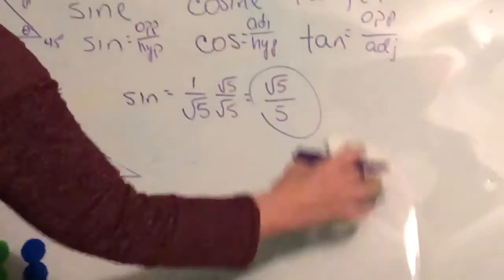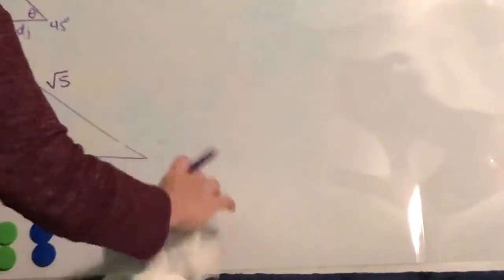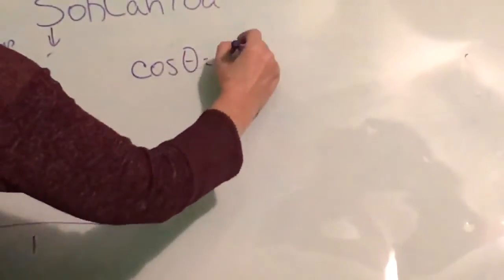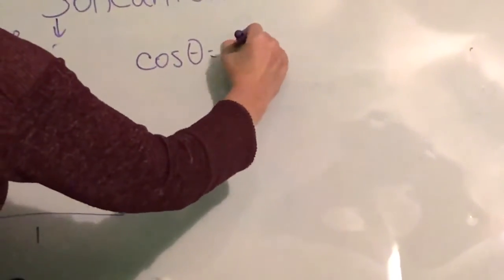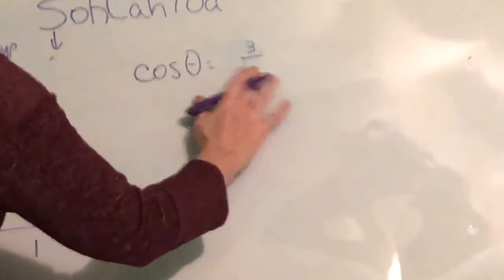I'm going to do one other idea, because sometimes they will simply tell you that the cosine of theta is equal to 3/4. Let's change that up. Let's make it a 3/5.